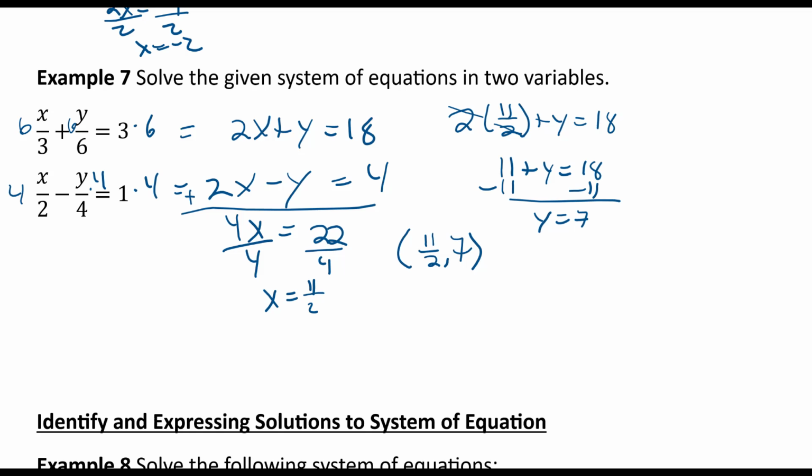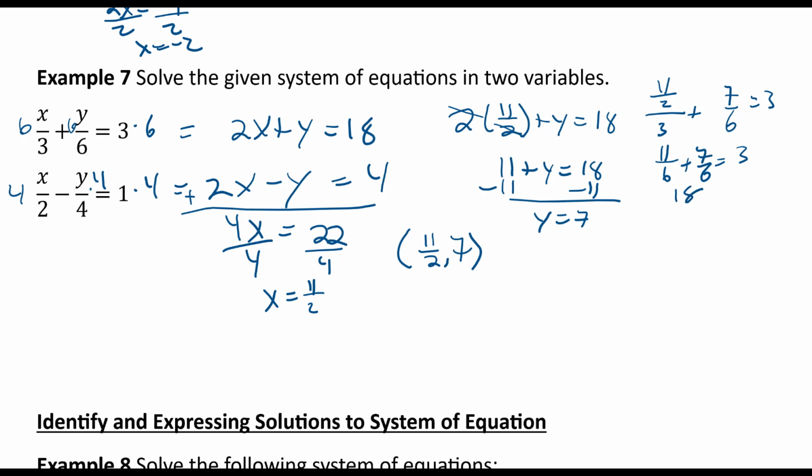I know this video is getting long. It makes me not want to do the check, but let's see here. I'll solve this complex fraction: 11 halves over 3 plus 7 over 6. Is that equal to 3? 11 halves over 3 is 11 over 6 plus 7 over 6. Is that 3?